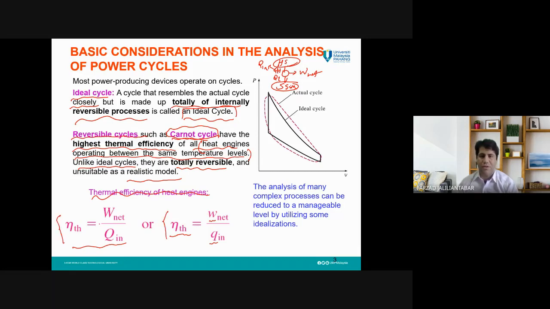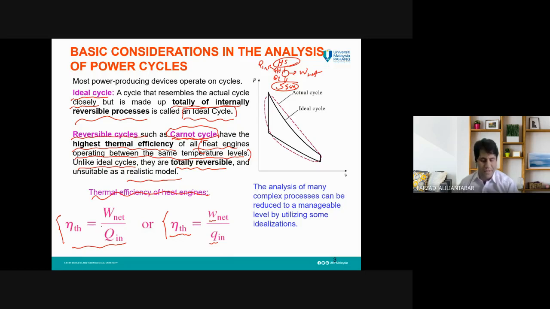The thermal efficiency for this heat engine, which captures the heat or energy from the heat source, then converts it to work, and excess heat is released to the sink. To calculate the thermal efficiency of this cycle, we need to use this equation.